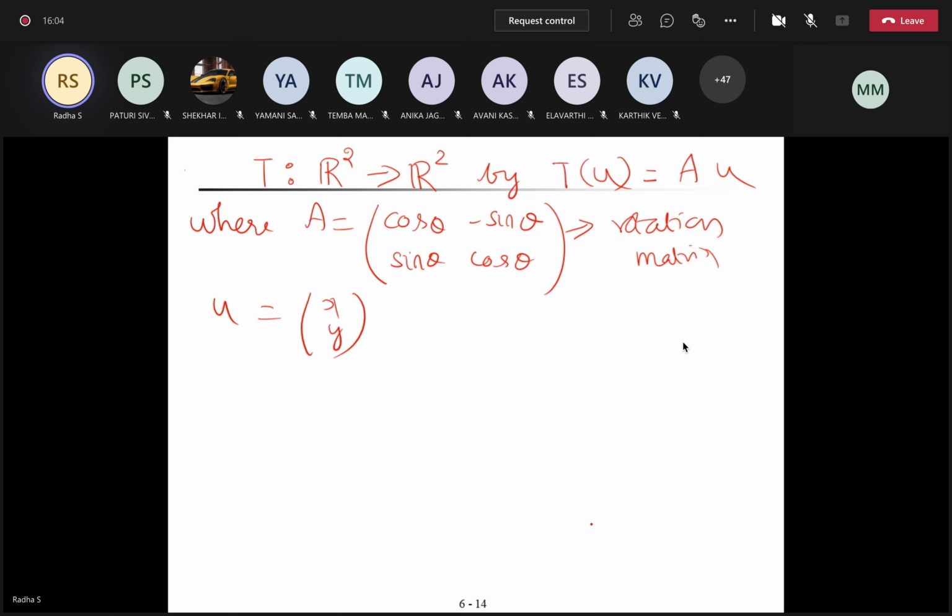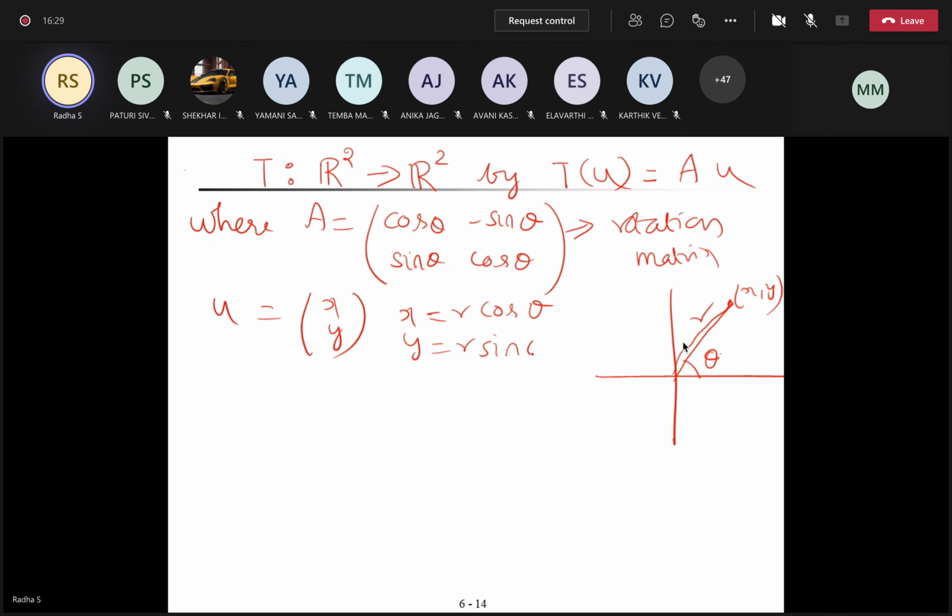So x comma y is any point in R square. Let this angle be theta, let this distance be r. Can you say x and y in terms of r and theta? r cos theta, r sin theta. What is that called? Polar coordinates.